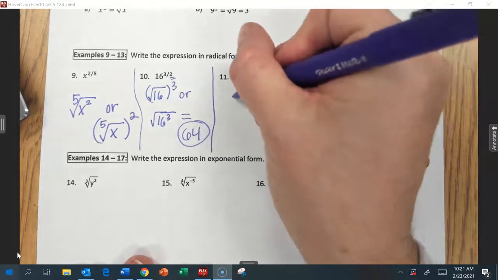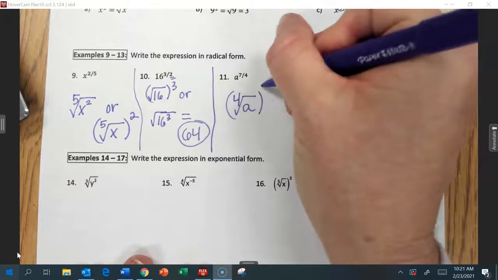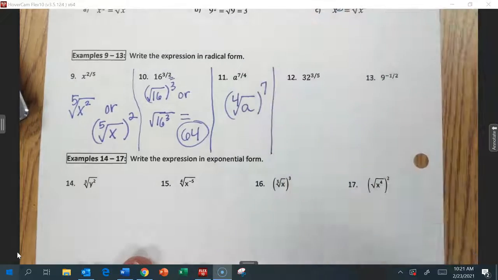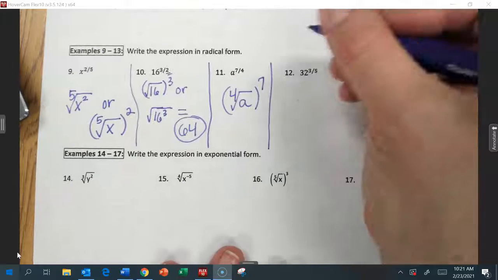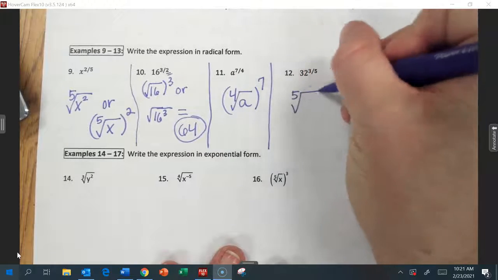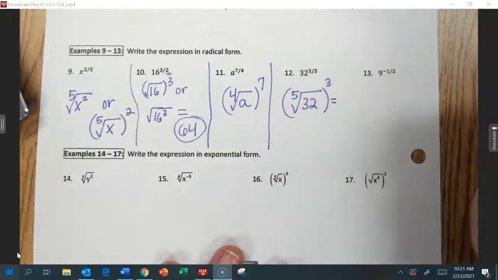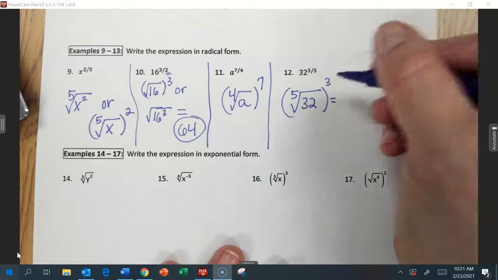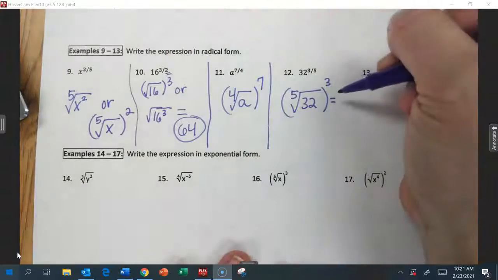This next one is the fourth root of a to the seventh. We can't do anything in there because we have a variable. The next one, I'm going to take the fifth root of 32 to the third power. Well, the fifth root of 32. Now, I guess I'm done there.